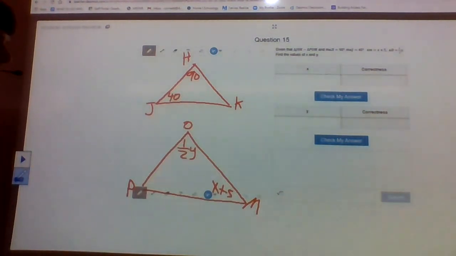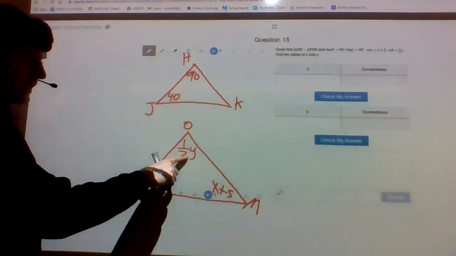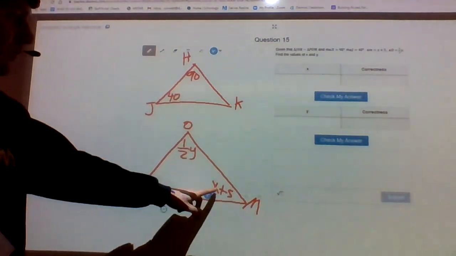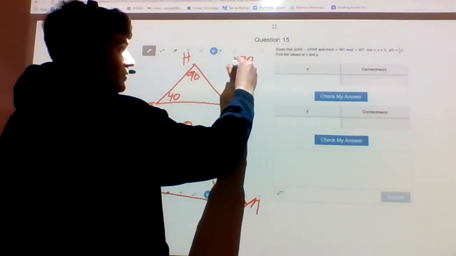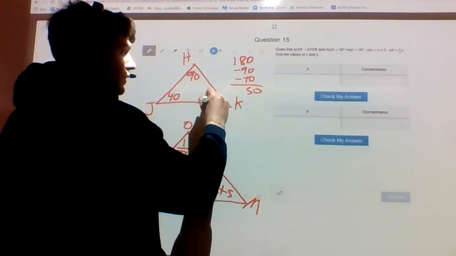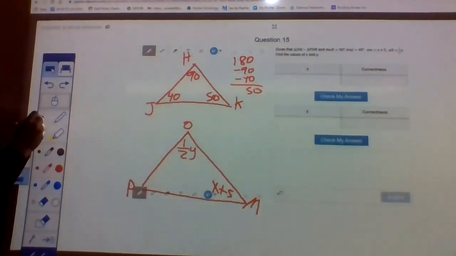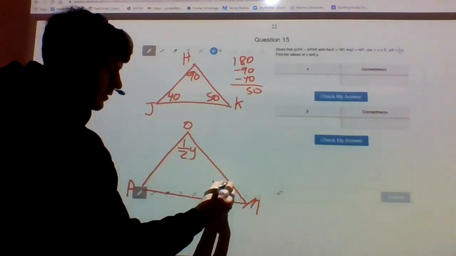So this is going to be 40 down here. This will be 90. And this will be 50, right? 180 minus 90 minus 40 is 50. So we know this is 50.